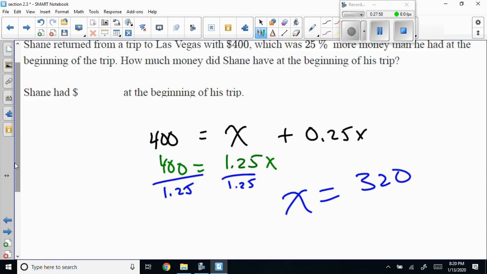That was 25% more than what he had when he left, right? Then 25% of what he had is 25% more. What would be 25% of 320? Do 320 times 0.25. How much? If you take 320 plus 80, what do you get? 400. So this problem is nothing more than sales tax.